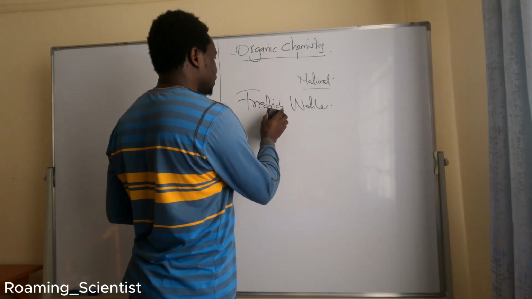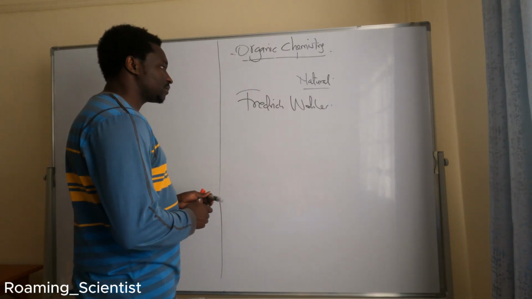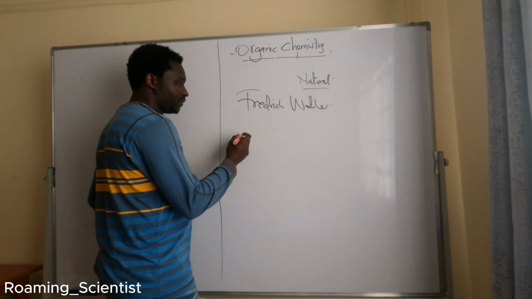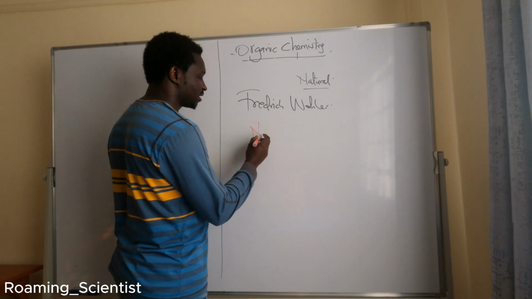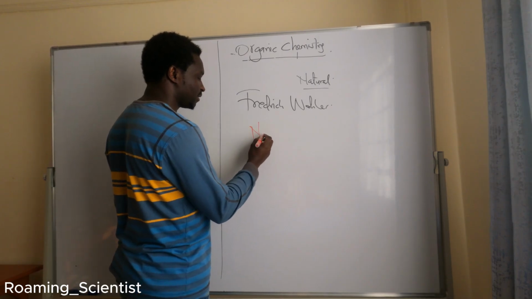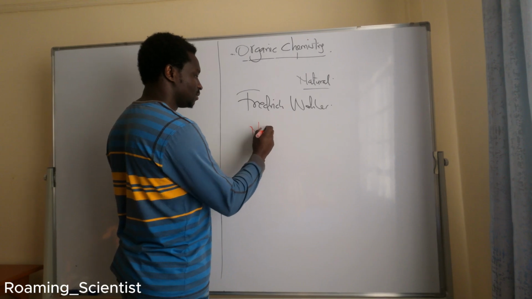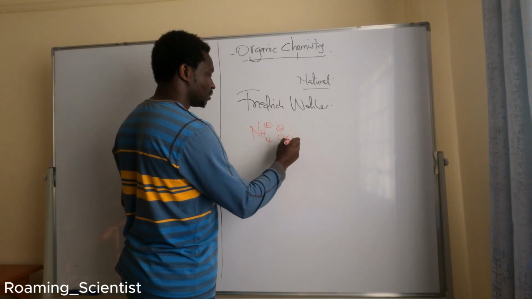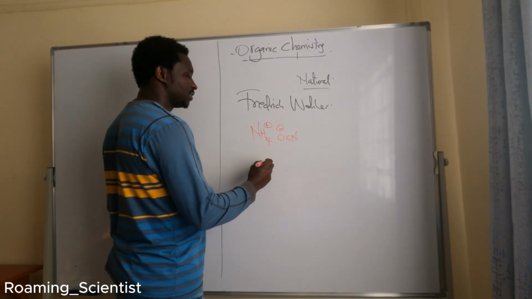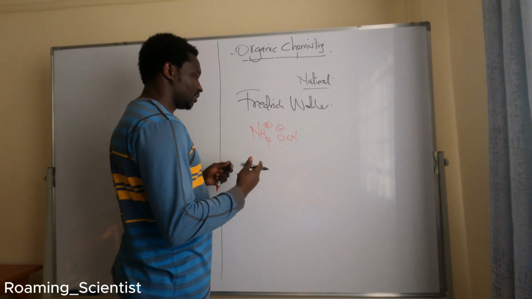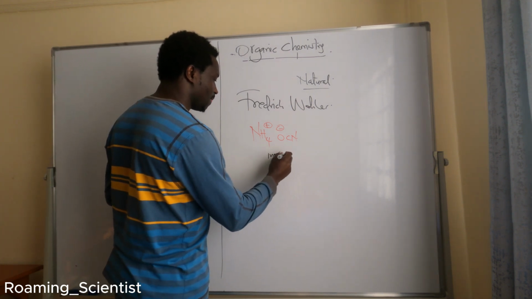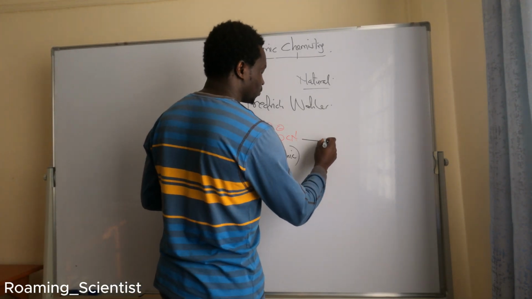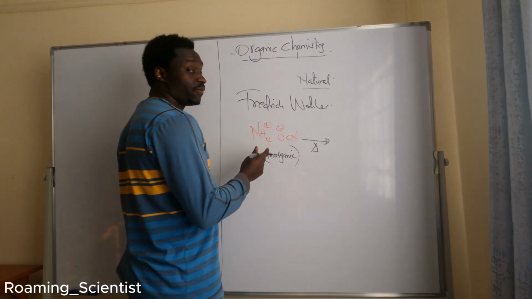Wöhler discovered that if you heat ammonium cyanide, which is an inorganic compound, you just subject it to heat, you form urea.